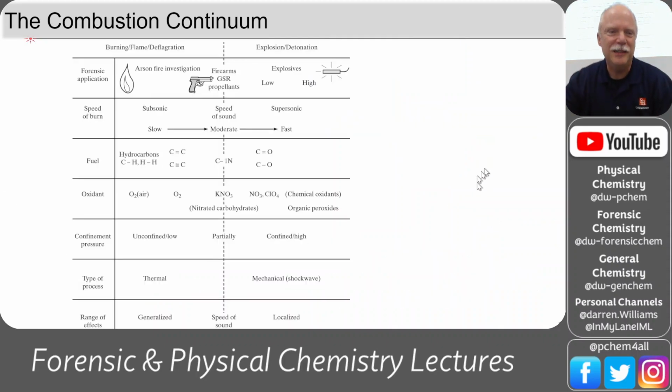So let's talk about this combustion continuum. Here's a lot of things that are going on with combustion on the left. And so the forensic application would be arson fire investigation. In the middle, we have propellants. So gunpowder is not really just combustible, and it's not really an explosive. It's in between.